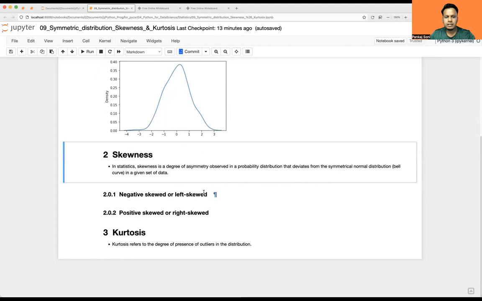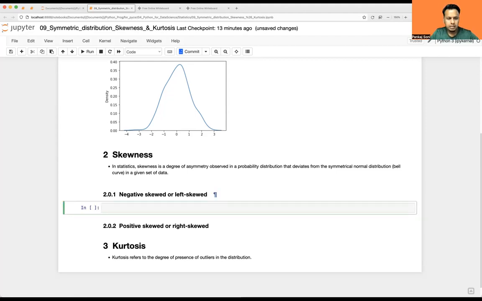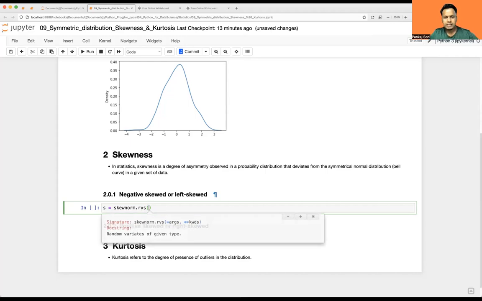So let's see how to generate it. We have already seen on the whiteboard that we have negative skewed and positive skewed. So let's generate negative skewed data. We have skewnorm. I take another variable here, let's say s equal to skewnorm dot rvs, the random variable sample, and it takes arguments, right?